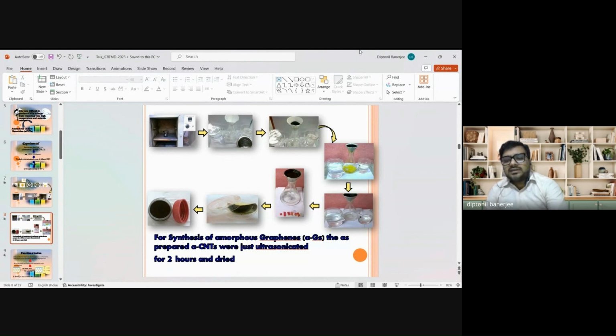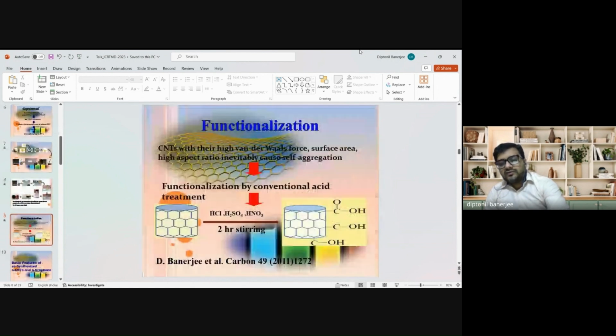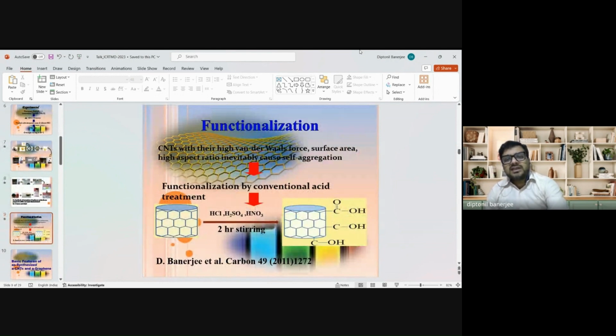However, this amorphous analog of the carbon nanostructure, having an inherently large number of defects, does not need any external acid functionalization for introducing groups like hydroxyl or carboxylic acid. They can readily interact with other materials, and different hybrids or composites are very easy to form. This basic acid functionalization process need not be done in the case of our amorphous analog of the carbon nanostructures.